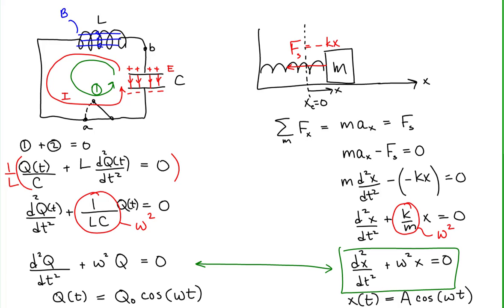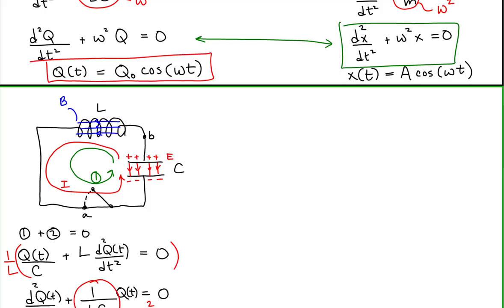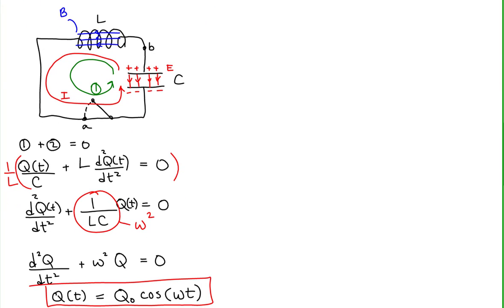So we now have the solution for the charge on the capacitor's plates. And notice what is very, very interesting about this solution. It is a periodic function of time. That means that the charge varies periodically on the plates of the capacitor. So charge on the capacitor varies as a function of time.